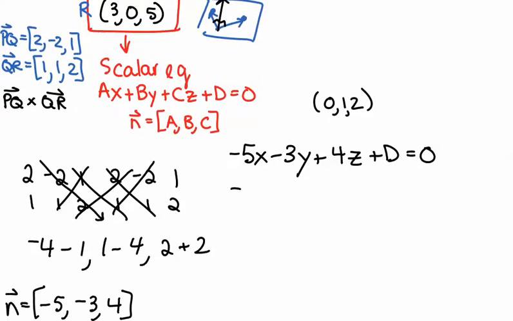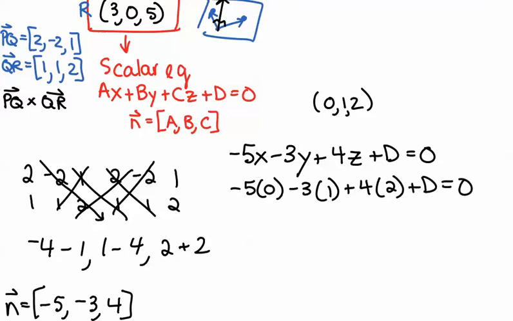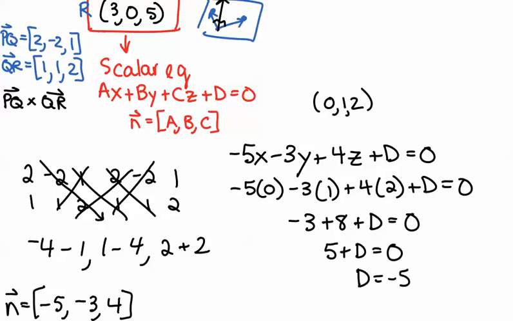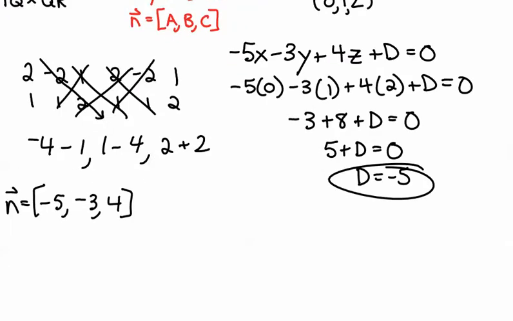So -5 times 0 minus 3 times 1 plus 4 times 2 plus d. So -3 plus 8 plus d. So 5, so d is equal to -5. Sorry, so the scalar equation of my plane is -5x minus 3y plus 4z minus 5 equals 0.